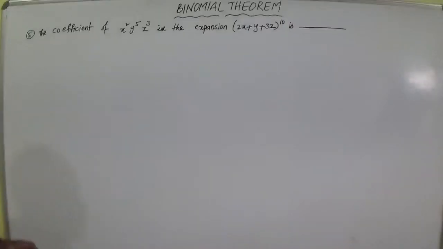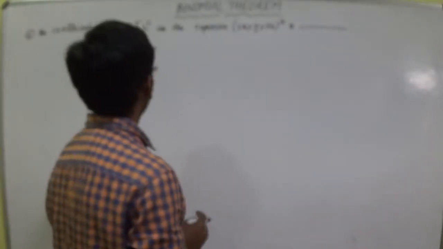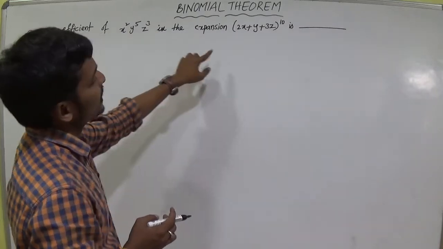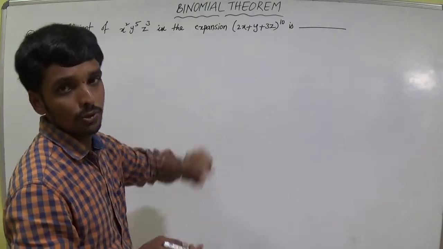This is the fifth problem. The coefficient of x square y power 5 z cube in the expansion of 2x plus y plus 3z whole to the power of 10.